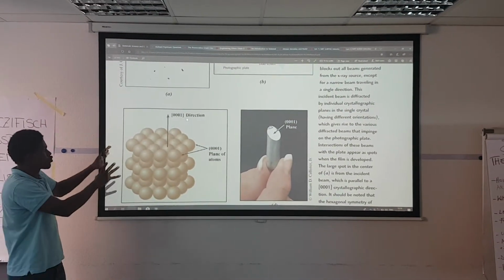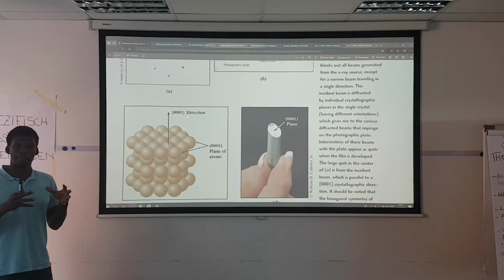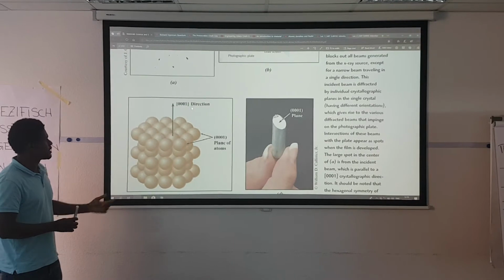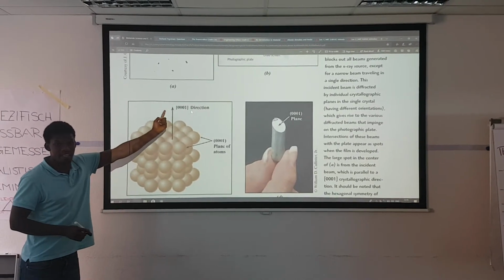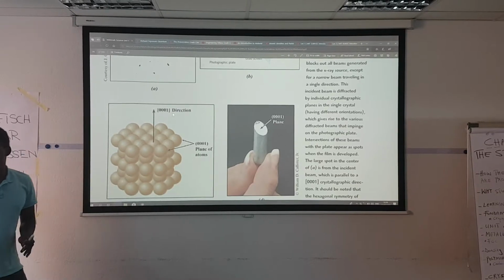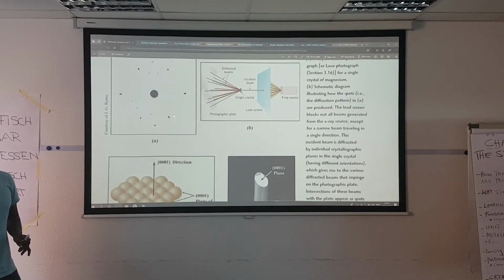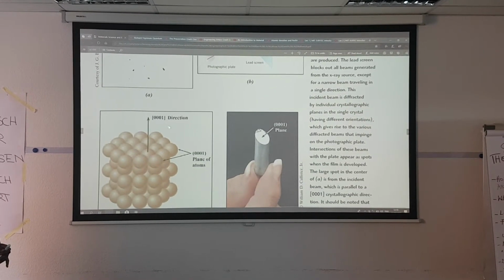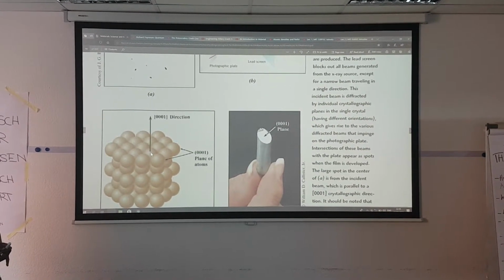So this is the total. This is how the atoms are packed within the crystalline structure of the materials. And you can see this big dot, this 001 direction, and this is the 001 plane of atoms. This bigger dot corresponds to this 001 direction.